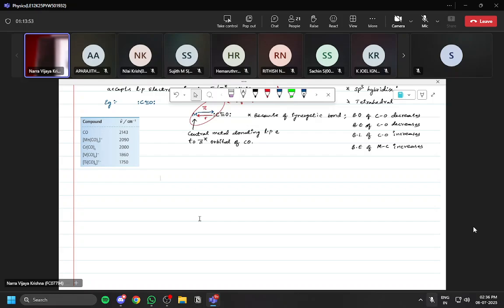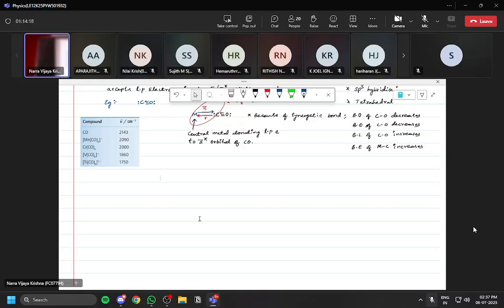Manganese is in +1 state, chromium in neutral, vanadium in -1 state, titanium in -2 state. If titanium is in -2 state, does titanium have excess electrons? It has excess electrons. If it has excess electrons, what happens to synergic bond? Then what happens to CO bond order?